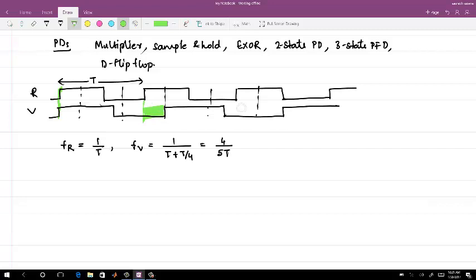Then the next one is with respect to all the rising edges of my reference clock. So the next phase error detector value which I will get is this, and if you go a little bit more, you will see. Let me plot that too.